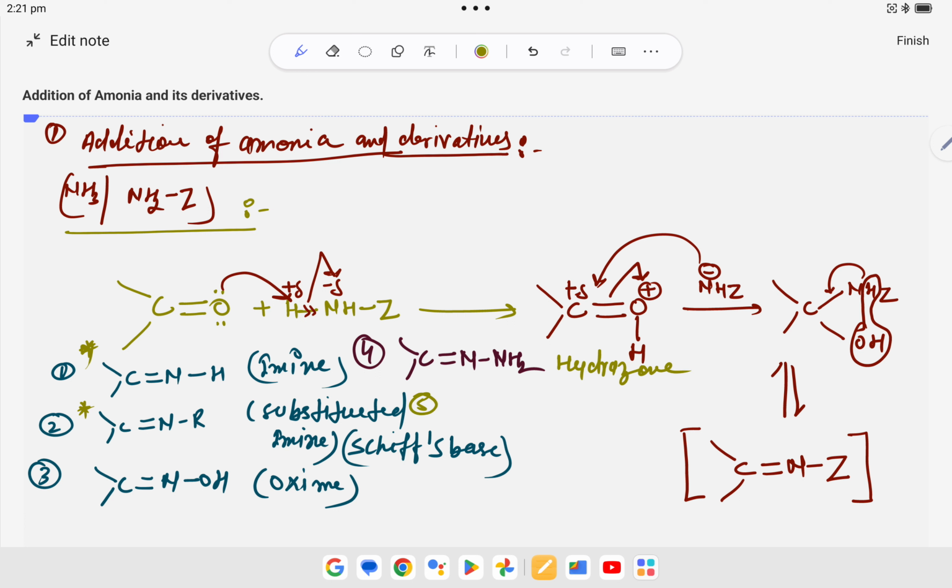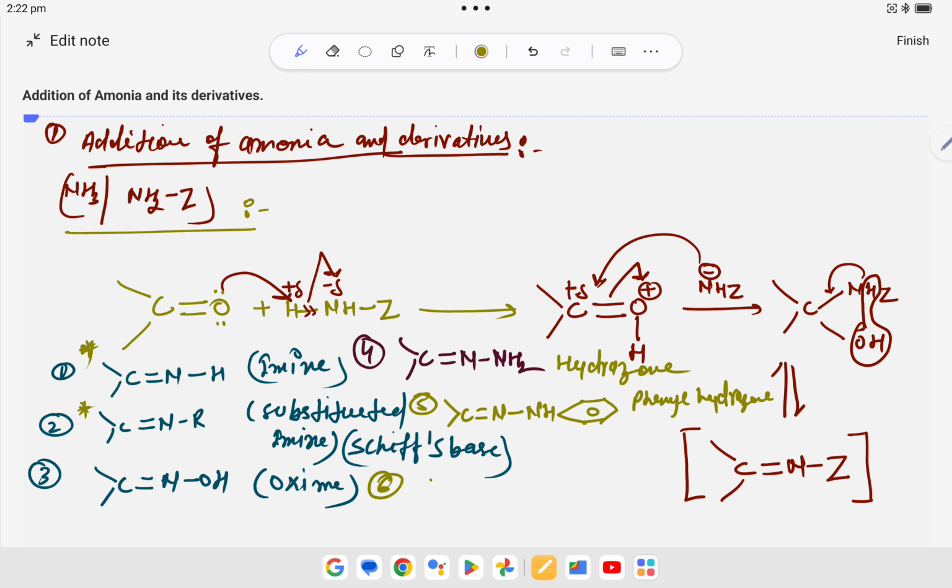Number 5, N, and then NH, benzene ring, so it's called phenylhydrazone. Phenylhydrazone.